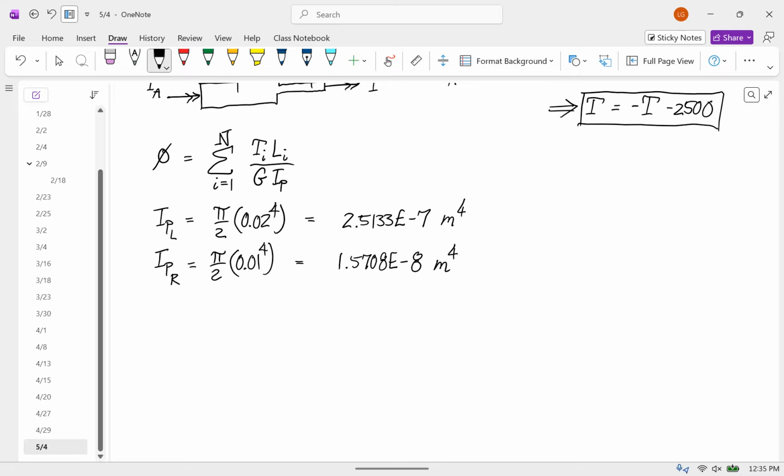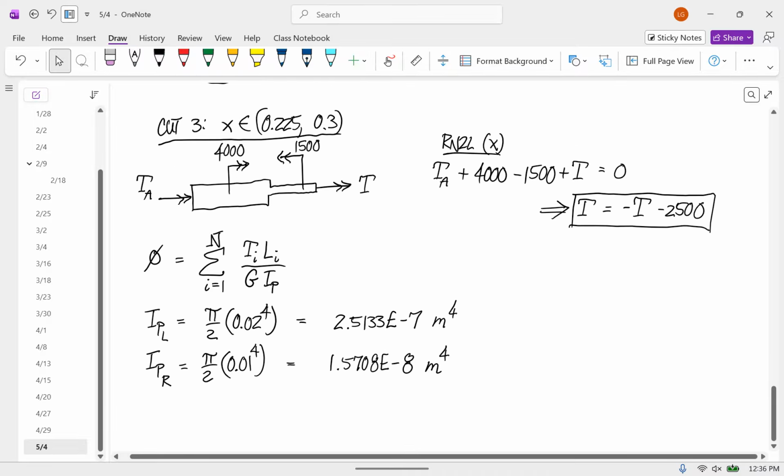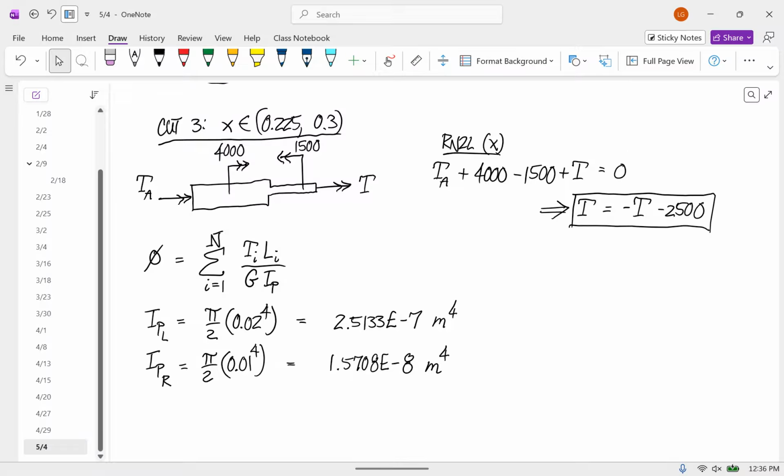And so now for our angle of twist, we have to think a little bit about these pieces. So our first piece is going to have a length of 0.075. It's going to go from the left end to the 4,000.